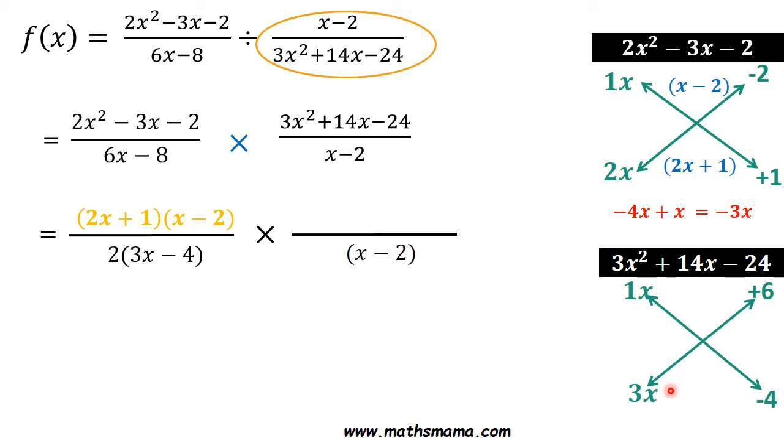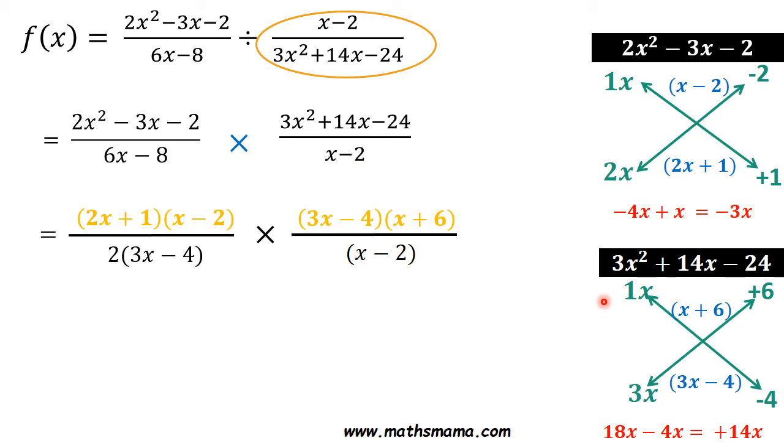If you are not sure, you multiply and see. 3x times plus 6 gives 18x. 1x times minus 4 gives minus 4x. When you add those two, you get plus 14x. Right, you got the middle term. So finally we found the factors. It is x plus 6 and 3x minus 4. So these are the factors.